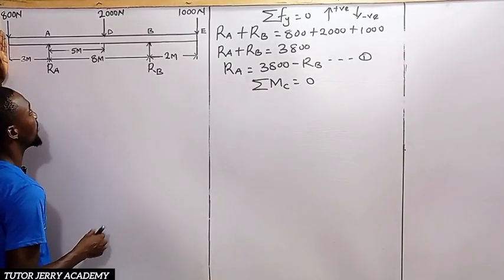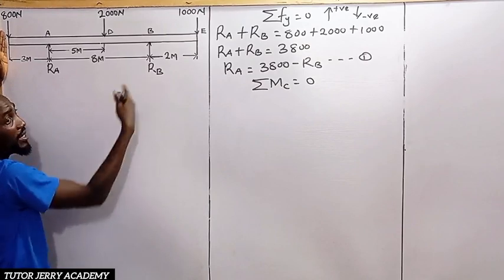So for upward force, now let's start with this. Since we are taking our moment towards point C, moment is force times distance.